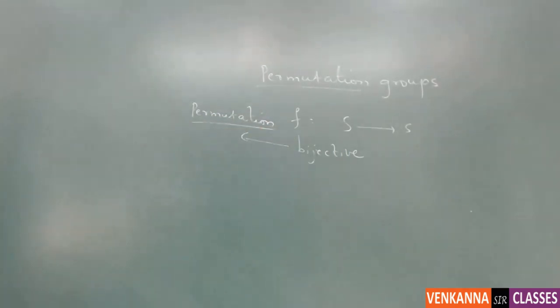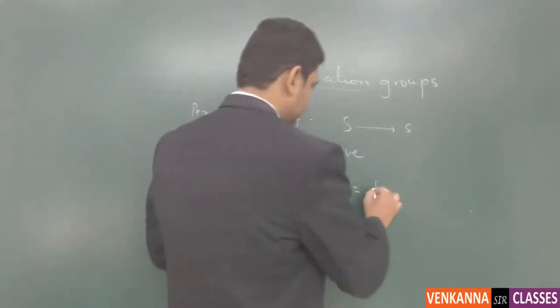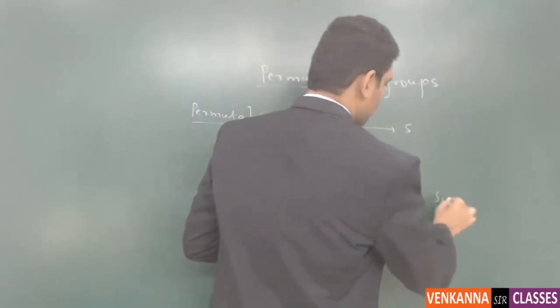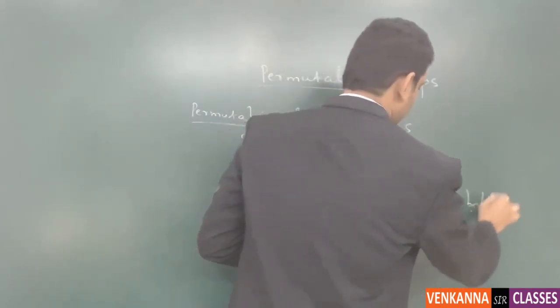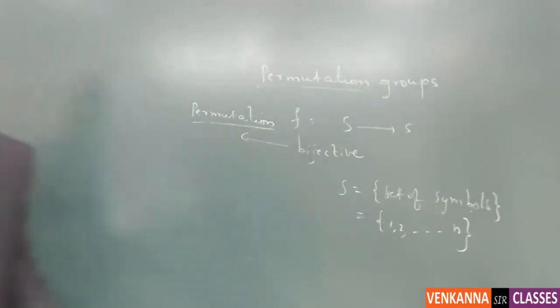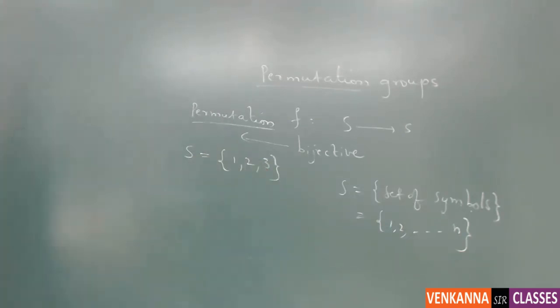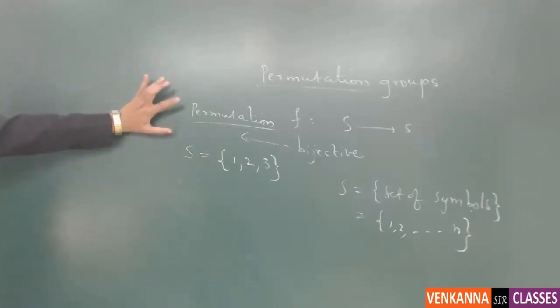So in short, what is meant by a permutation? It is nothing but a bijection from the set S to S itself, where S contains numbers, which we call symbols. So if you take S equal to 1, 2, 3, you are just defining a bijective function, and we are calling it a permutation.